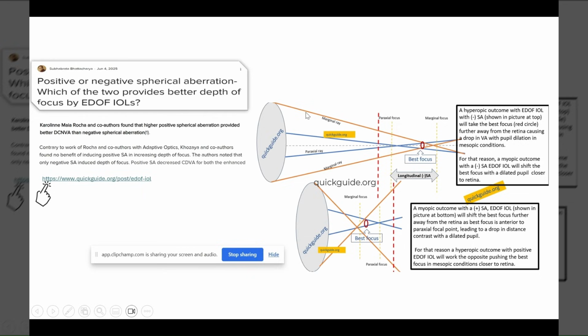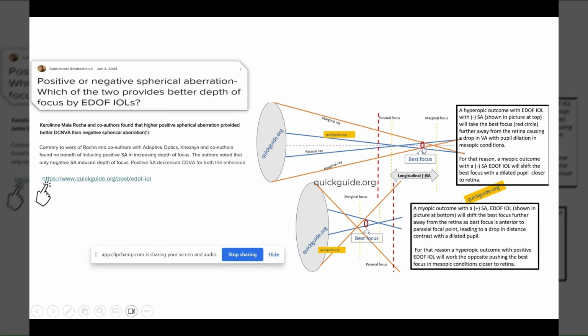Here you have an example of a negative spherical aberration. This is your retina. You had a hyperopic outcome, so your paraxial rays of light are beyond the retina, and now your best focus is further away from that. Remember, one third away from the marginal focus, two thirds away from the paraxial focus. So your best focus is somewhere here.